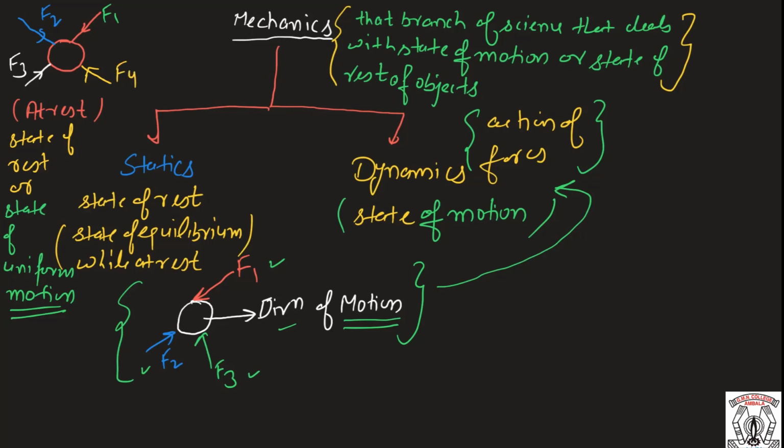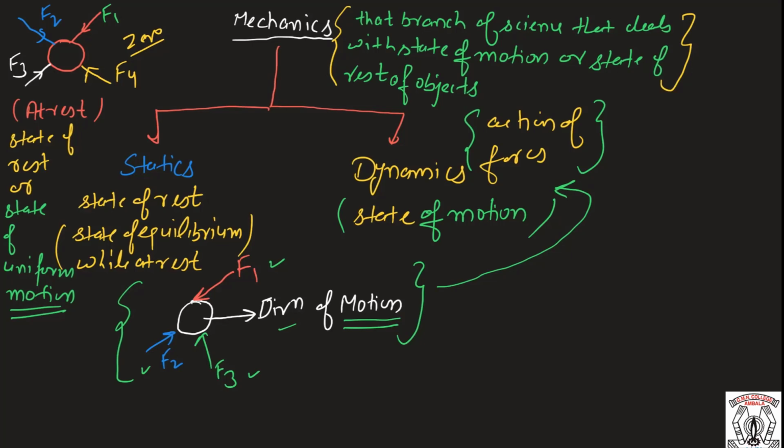So net resultant is 0. Still there is some force that is doing work upon this body, and that work is at infinitesimal level. That work is called virtual work, which we will deal with further when we come to that topic.